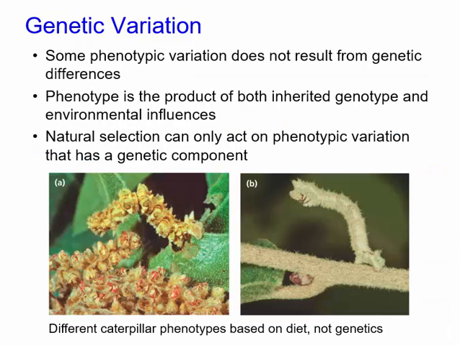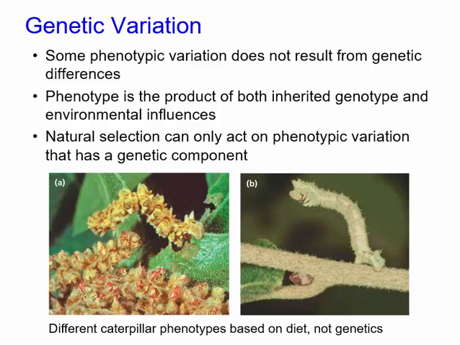Of course, it's not just genetic variation that gives us different phenotypes. So the environment might play a role in what phenotypes are expressed. Now, this is really important. You may have phenotypic differences, which you might think natural selection is acting on.